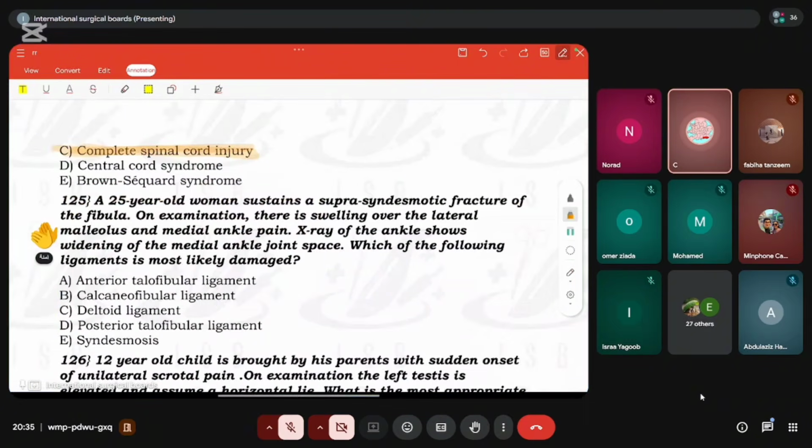A 25-year-old woman sustains a suprasyndesmotic fracture of the fibula. On examination, there is swelling over the lateral malleolus and medial ankle pain. X-ray of the ankle shows widening of the medial ankle joint space. Which of the following ligaments is most likely damaged?